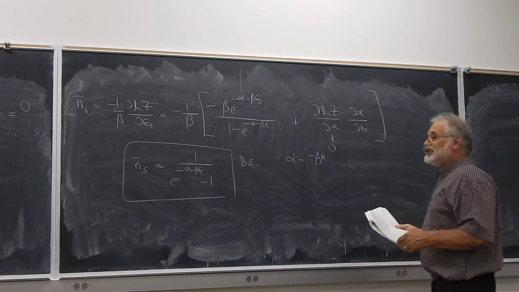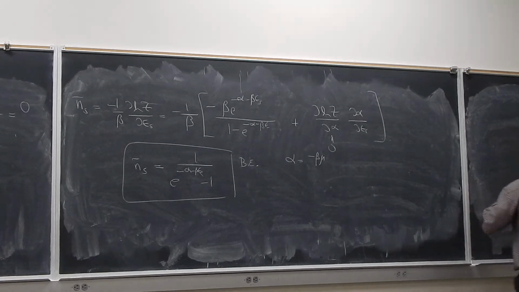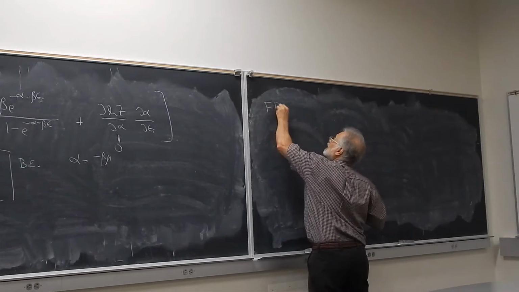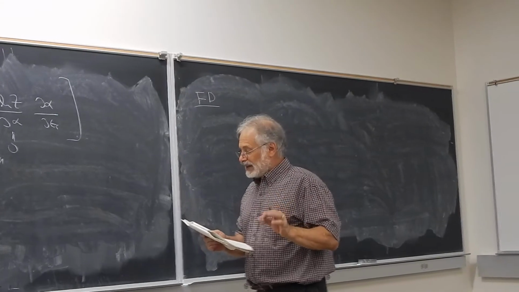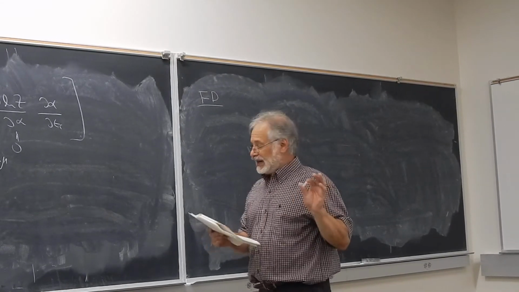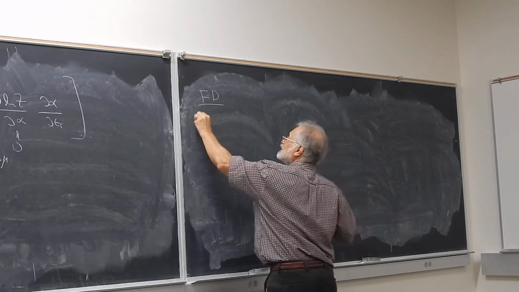Lastly, let's do this again for Fermi-Dirac statistics. Same method, but this time we have to only sum over two values, n equals 0 and n equals 1. Do it the same way as in the Bose-Einstein case.